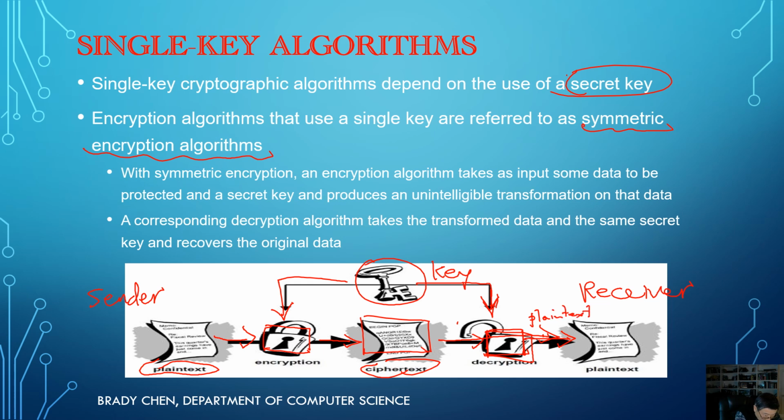You restore the original text. So in this case, both parties use the same key, and mostly both parties use the same algorithm. The encryption and decryption algorithm could be the same algorithm.